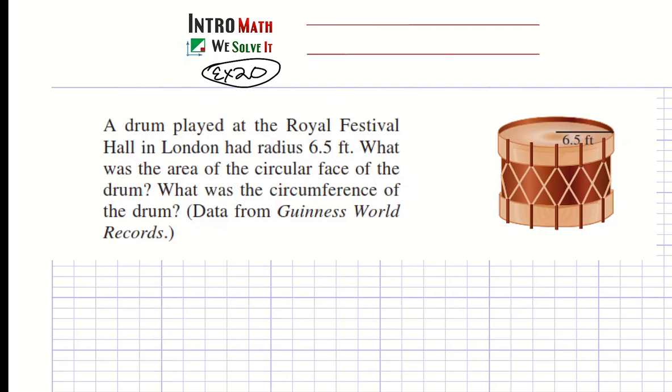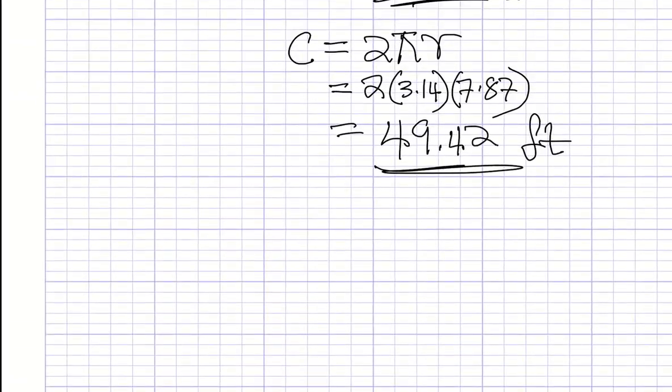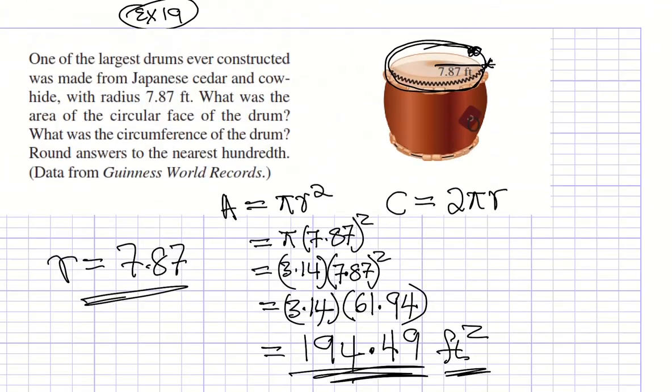Let's read that. A drum played at the Royal Festival Hall in London had a radius. You see, it's the same problem, but the radius is different. What was the area of the circular face of the drum? They're asking the same thing. So we have circumference and area.